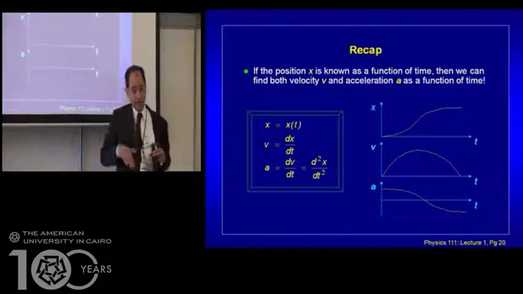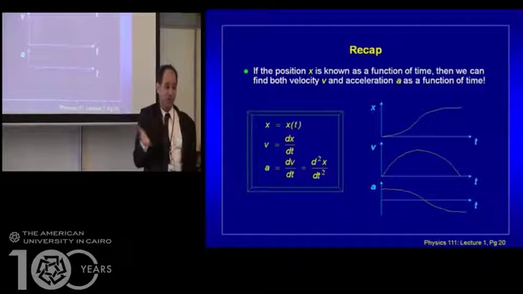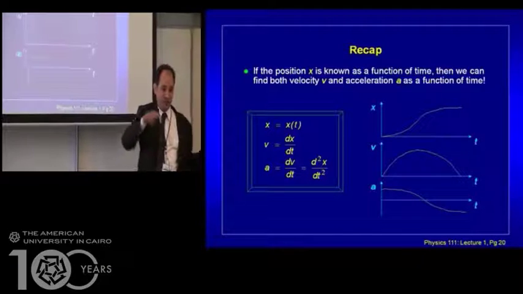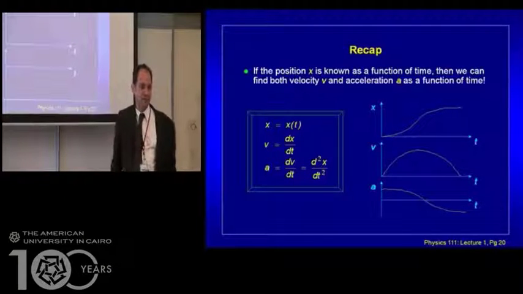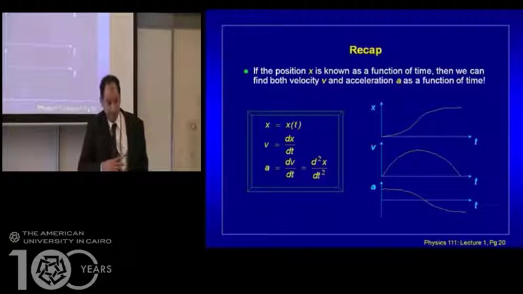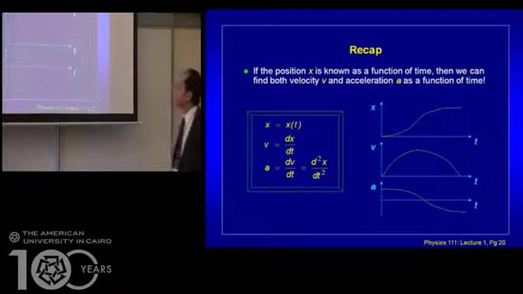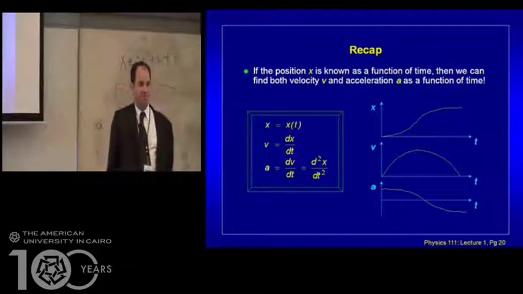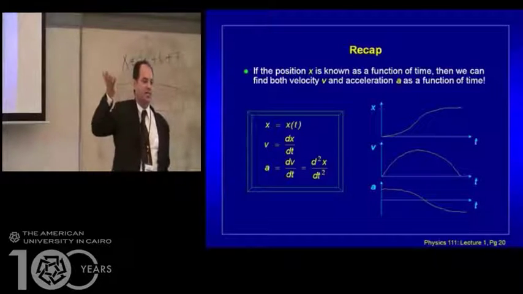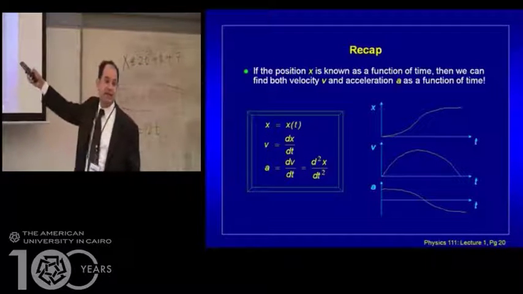And at the maximum or at the minimum, the change in the function is 0. At the peak or at the minimum point, it's 0. And we find that the maximum velocity is going to be where the slope of the x-t graph is at its highest point.